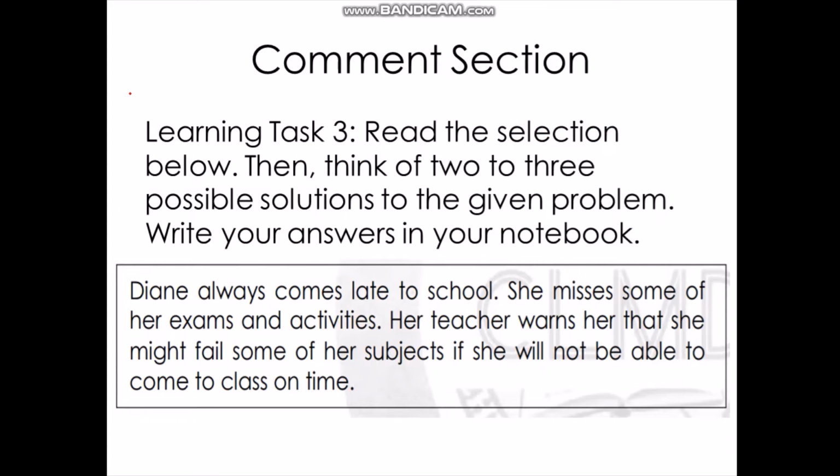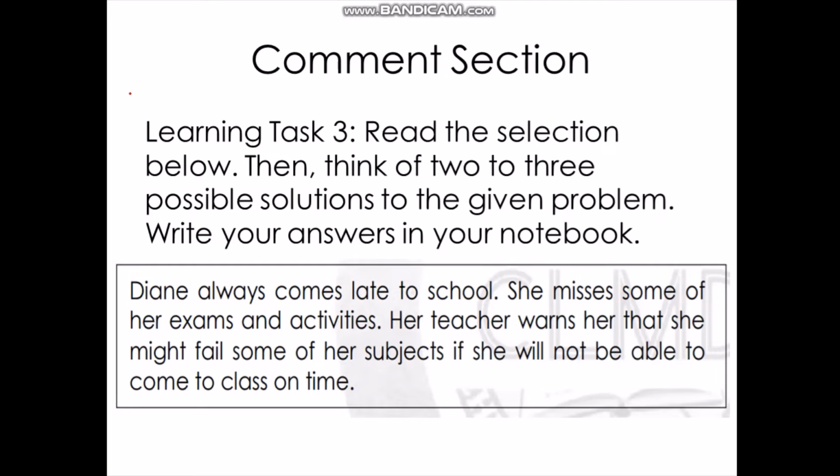Now in the comment section below, let's do learning task 3. You need to read the selection below, the box, and then think of 2 to 3 possible solutions to the given problem. Write your answer in the comment section. Diane always comes late to school. She misses some of her exams and activities.